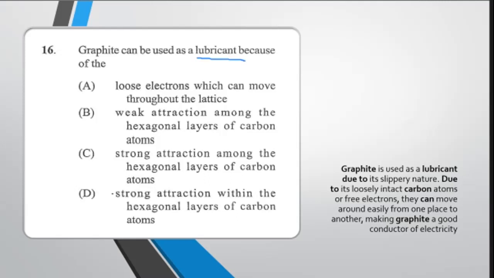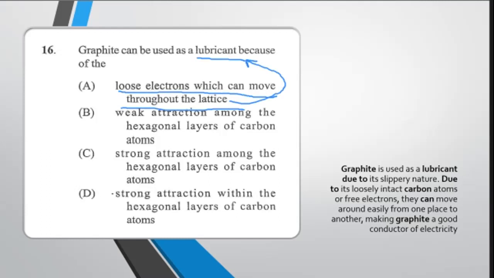So due to its loose carbons, or the free electrons that are present, they are able to move around easily from one place to another. And this makes graphite a good conductor of electricity in its molten or liquefied state. So the loose electrons, which can move throughout the lattice, would make graphite a great lubricant.